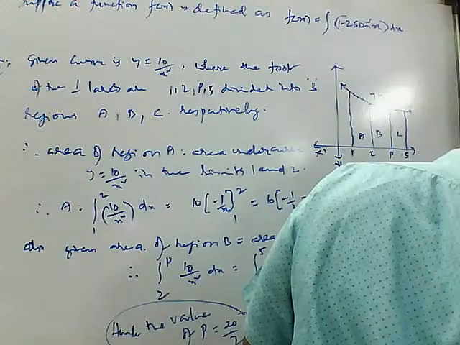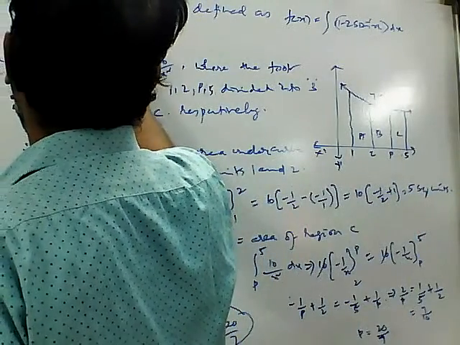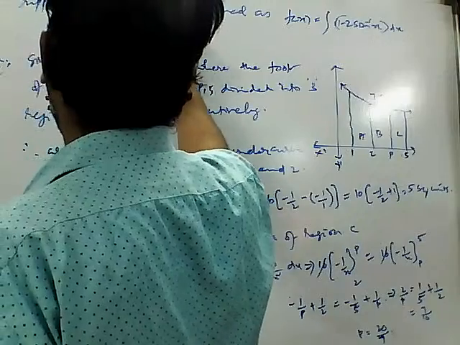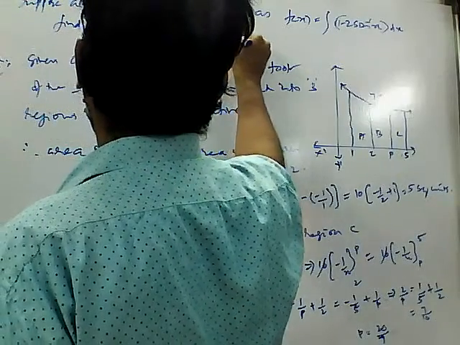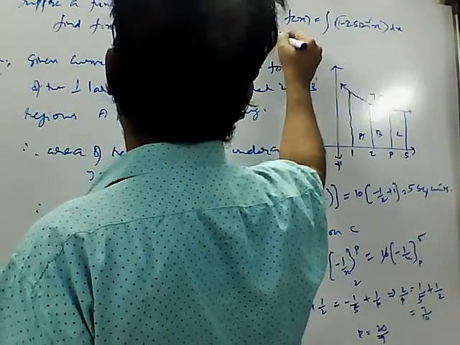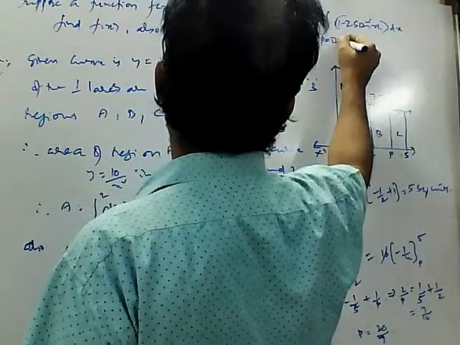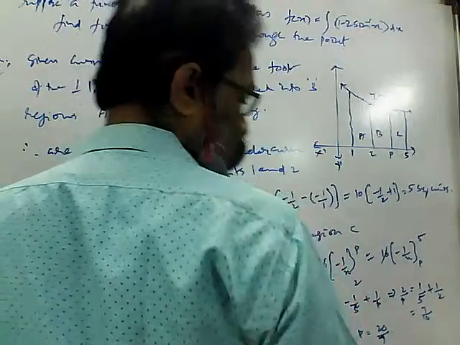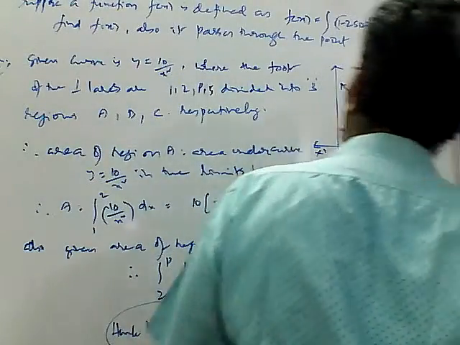Find f of x, given that it also passes through the point pi by 4, 1 by 2.